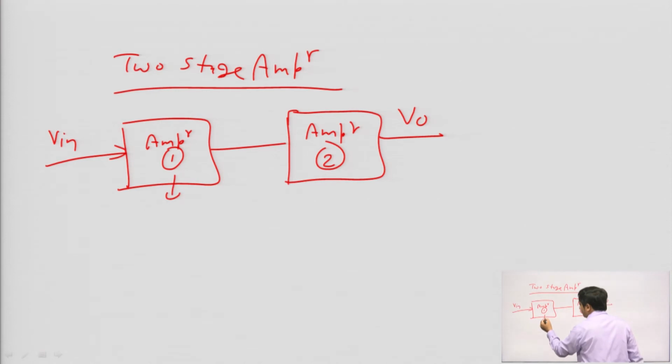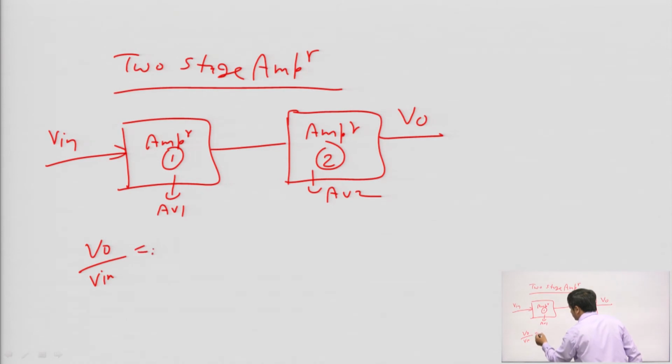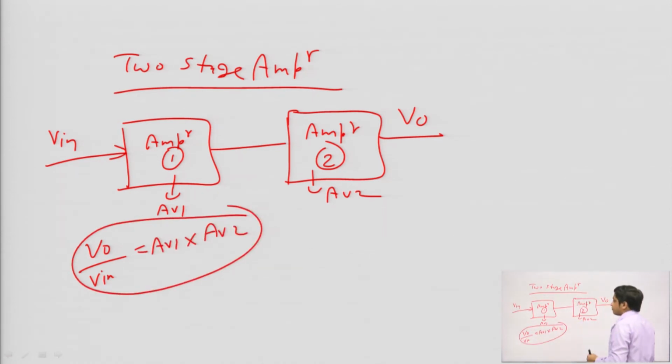If the gain of amplifier 1 is AV1 and the gain of amplifier 2 is AV2, the overall gain of this two stage amplifier will be V naught upon V in equal to AV1 into AV2. So, we get higher gain. The purpose of designing the multi-stage amplifier is to get higher gain, because in some applications it is required. Similarly, we can design 3 stage, 4 stage amplifiers to get higher gain.